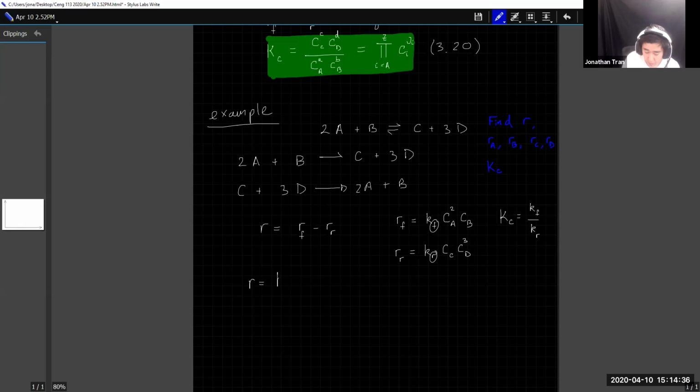Using the general form from equation 3.19, we can write the rate law for this reversible reaction as k times, in parentheses, C_A squared, C_B to the first power, minus C_C to the first power, the concentration of D to the third power, divided by K_C. And again, this k is implied to be k_F, but I won't be writing that anymore.